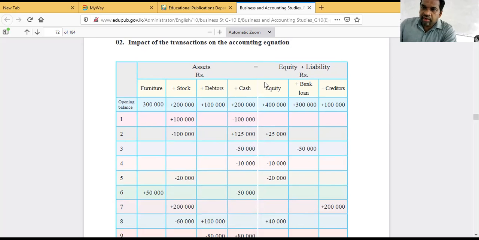Now, sometimes at the examination, the examiner will give you a structure like this. That means they have already recorded the transaction in this account equation. Then at the examination, you will be asked to explain the transaction that occurred during a certain period of time.